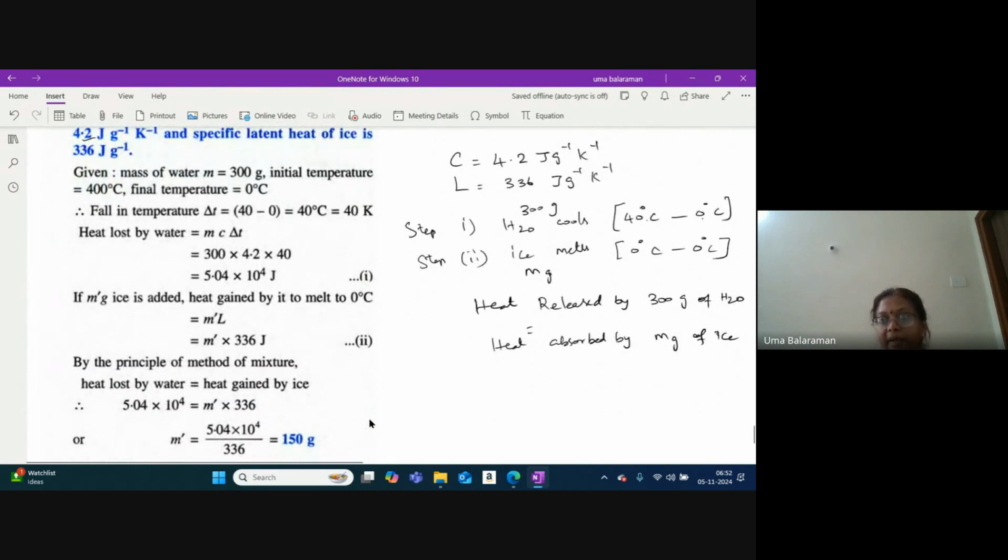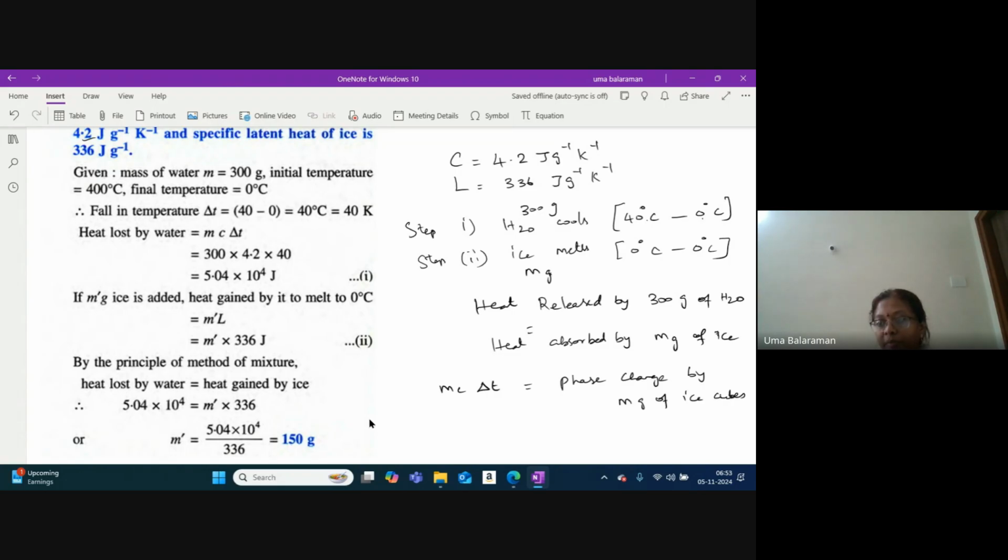So we are writing mc delta T, this is for water. This is equal to Q, whatever the phase change is, the phase change by m gram of ice cubes.